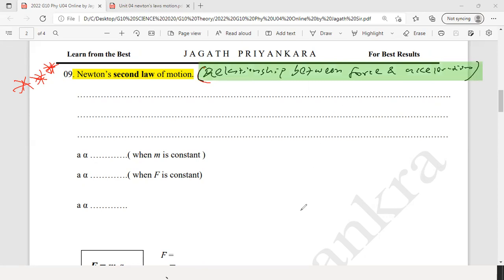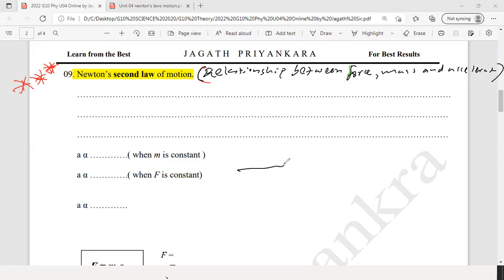You can write all three: the relationship between force, mass, and acceleration.